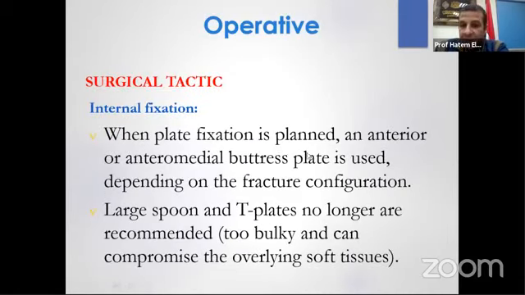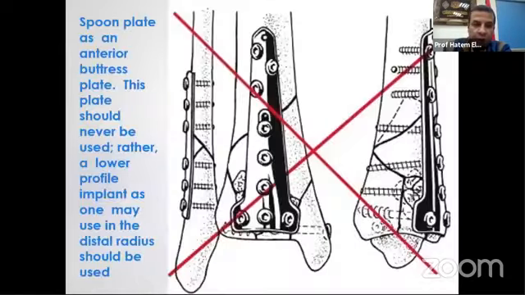When plate fixation is planned, an anterior or anteromedial buttress plate is used, depending on the fracture configuration. Large bone plates and T-plates are no longer recommended, as they are bulky and can compromise the overlying soft tissue. Spoon plate, obsolete now.